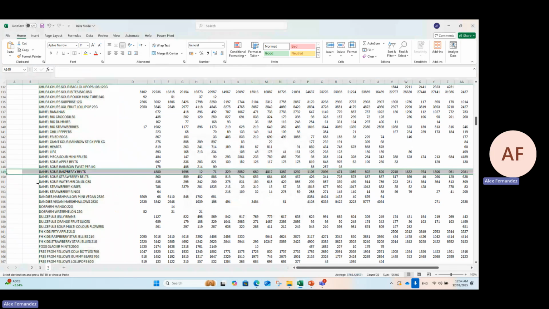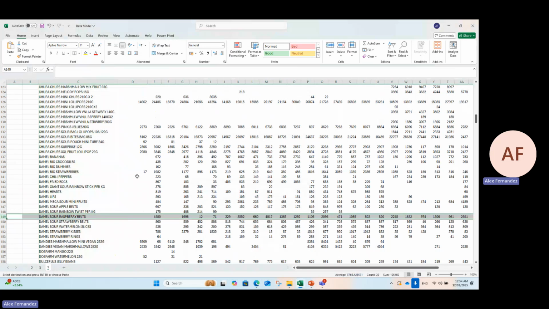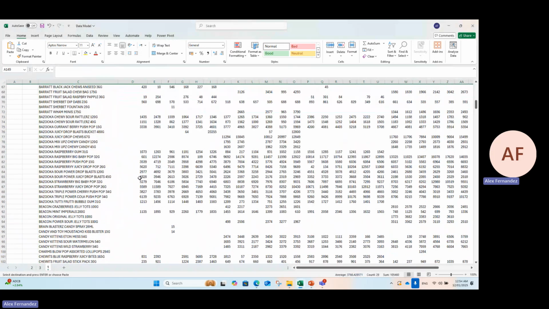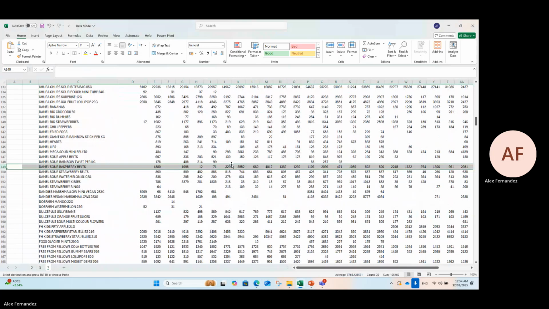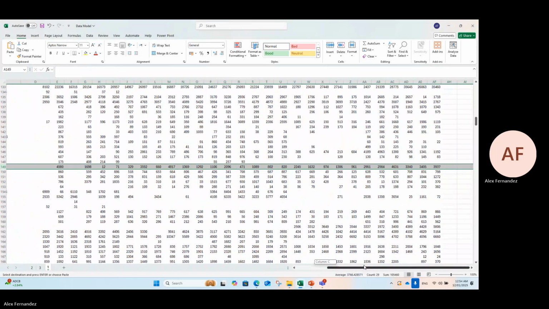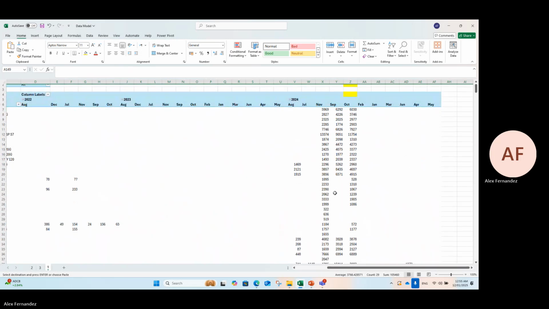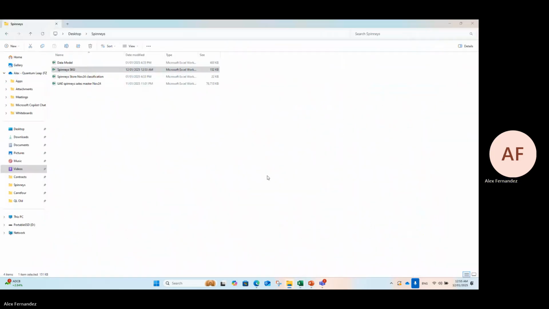Understand this SKU. This has been tested back in 2022, and some irregular sales. So it's showing me 500.